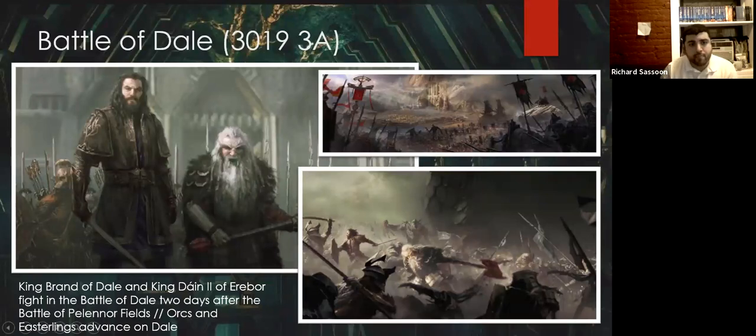And the two of them fight an army of Easterlings and orcs 2 days after the Battle of Minas Tirith. Both of these kings are killed. Brand is killed first, and King Dain defends his body until he too is killed. Their sons inherit the mantle of kingship and drive away the forces of Mordor.